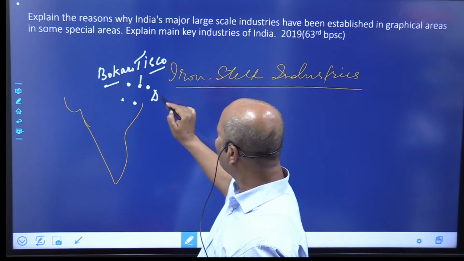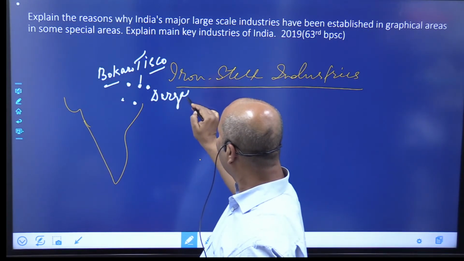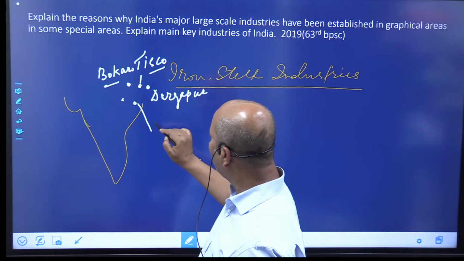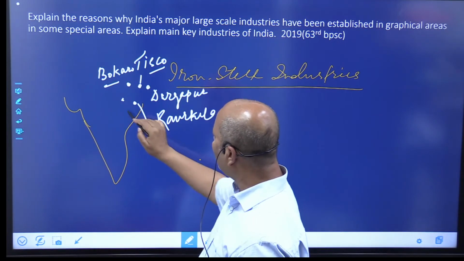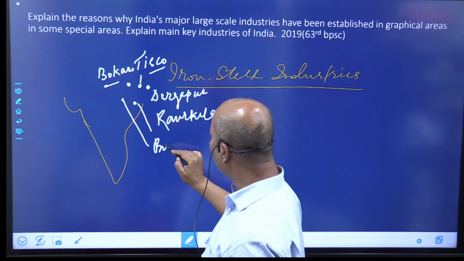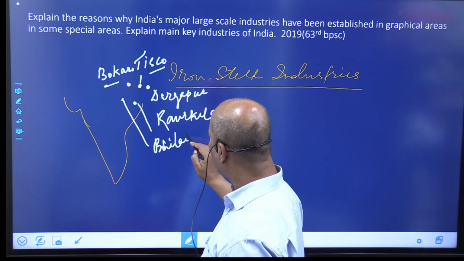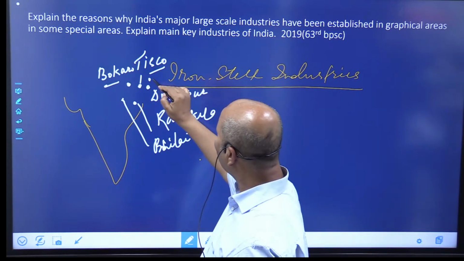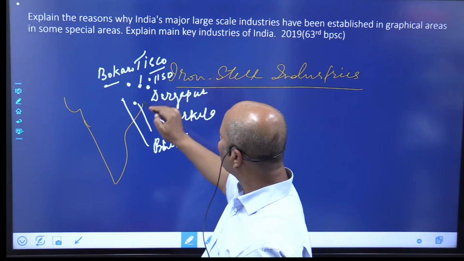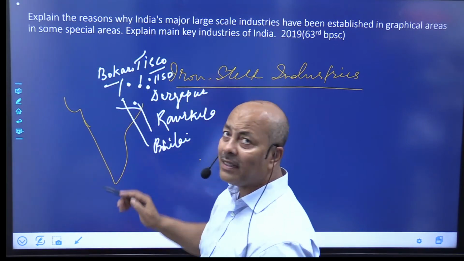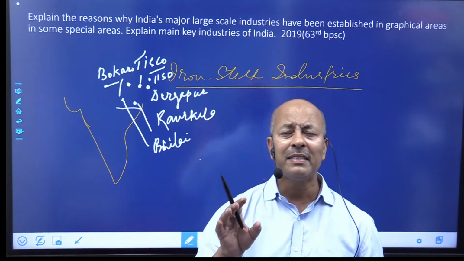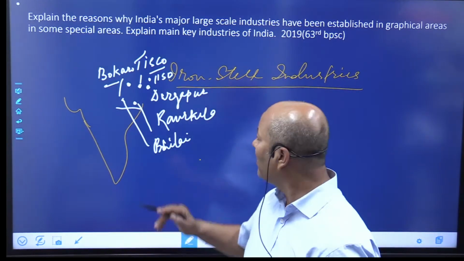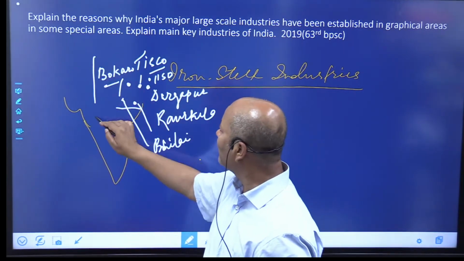Then we have Durgapur. We have Rourkela. Then we have Bhilai steel plant. And then we have ISCO also. So we find half a dozen, or the majority, of iron and steel industries located on this Chota Nagpur Plateau area.